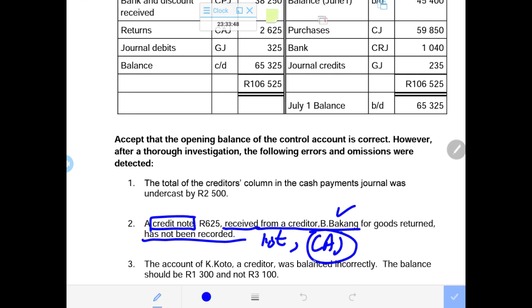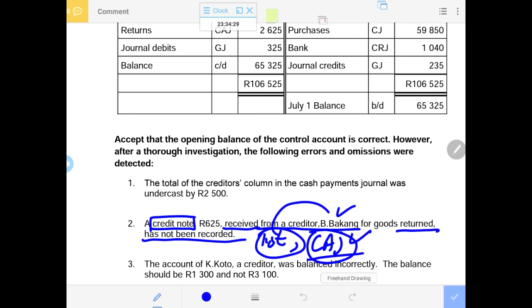Remember, whenever we deal with the journal, the creditors control is affected because in your cash payment journal, there is a creditors control column. In your creditors journal, there is a creditors control column. In your creditors allowance journal, there is a creditors control column. So whenever the journal is affected, it is very likely that the creditors control will be affected. So that is why creditors allowance journal for the return of goods that they mentioned will be affected, and the list of creditors, which is B Bakeng, will also be affected in this case.